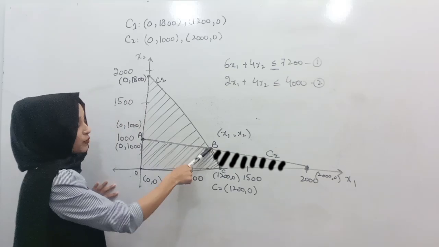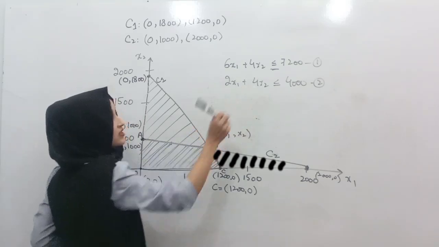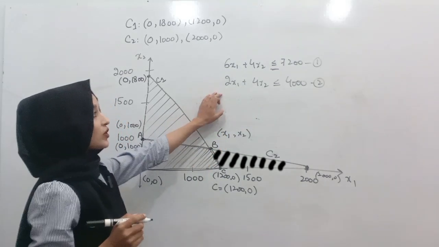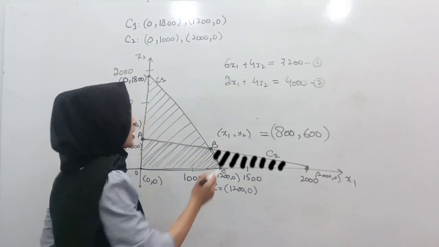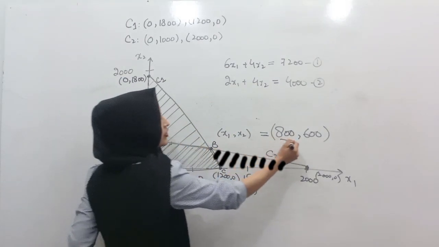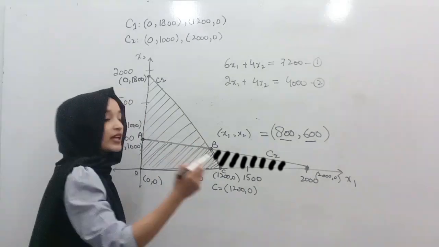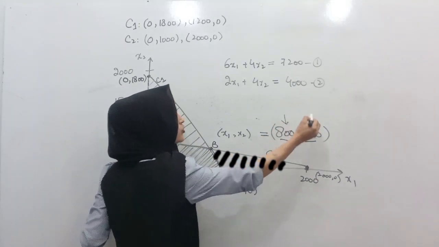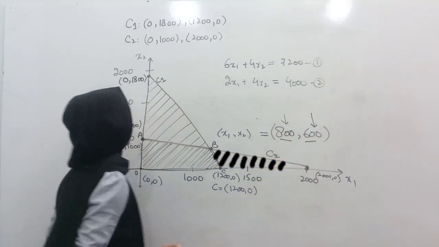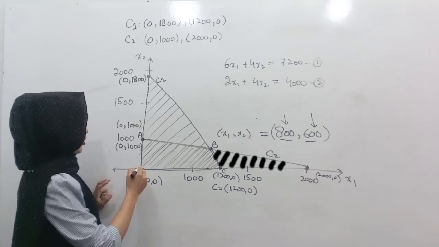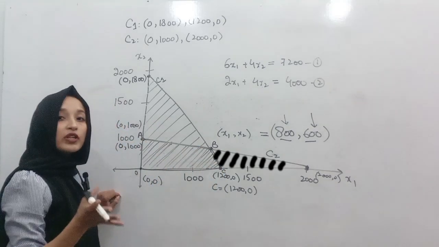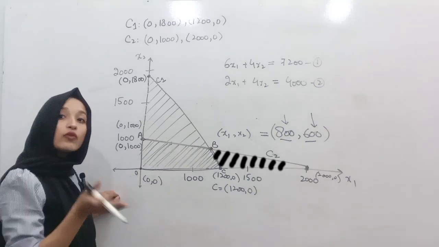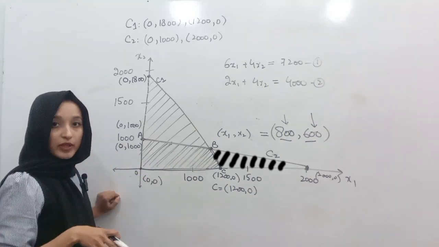To find the point B, we will solve these equations simultaneously to find x1 and x2. By solving these equations simultaneously, we found that our point B is 800 and 600. That is, x1 here is 800 and x2 is 600. Now, we got all the points O, A, B, C. We put these points one by one in our objective function to find the optimal solution.